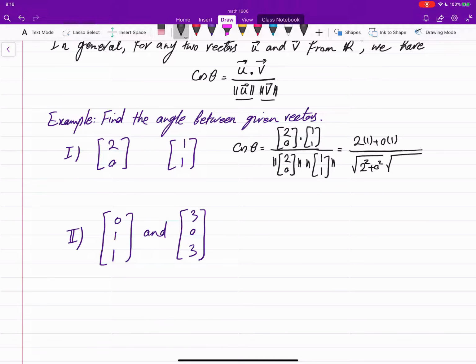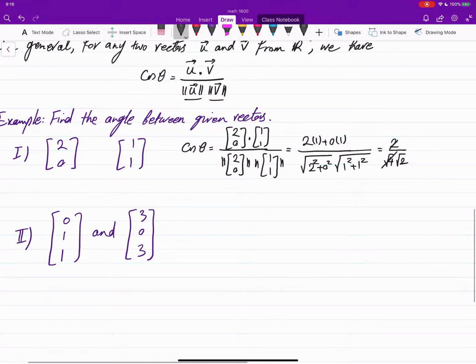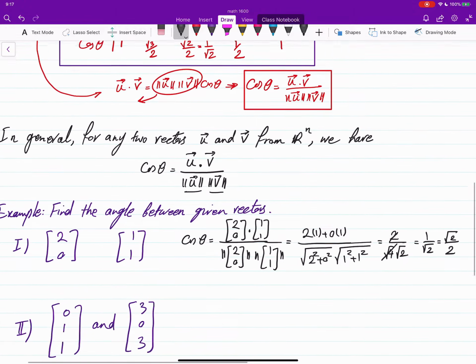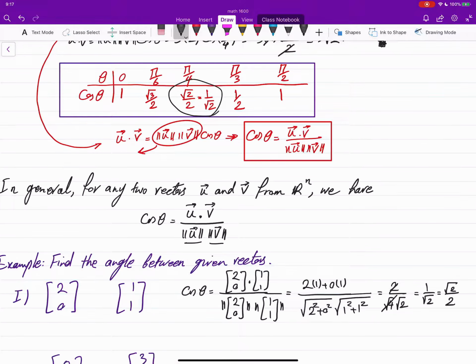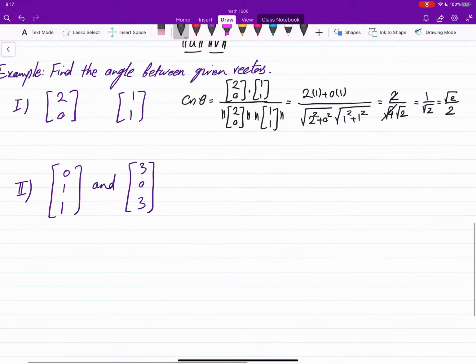The length of (1, 1) is root of 1 squared plus 1 squared. Okay, so the numerator is 2, the denominator is root 4 times root 2. And root 4 itself is 2, so we can cancel this with that. This is 1 over root 2. If you rationalize the denominator, you get root 2 over 2. So you look at the table here, this is pi over 4. So theta for the first pair is pi over 4.